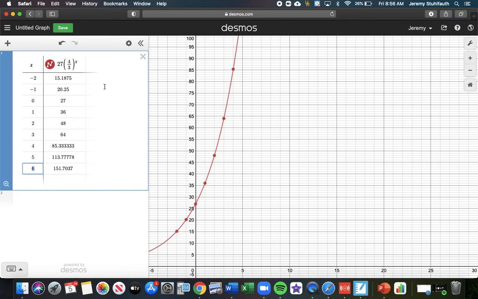Now, one thing to talk about: when you see x is -2 and you get 15.1875, x being -2 and x being -1 doesn't really apply to this problem because we cannot have a negative first stage or a negative second stage for the Koch curve. Another thing to pay attention to is that we're counting by whole numbers: 0, 1, 2, 3, 4, 5. We don't have 2.5 or 3.5 in our table right now.